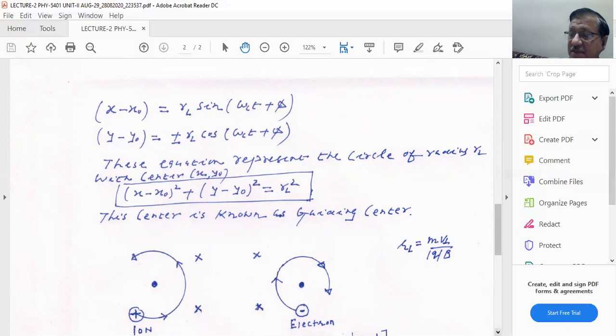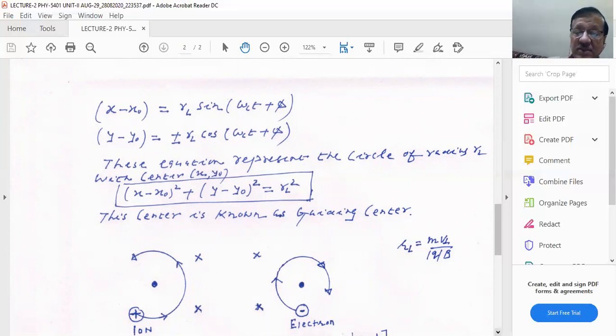Because omega c is eB by m, and the mass of the electron is very small, the electron will gyrate fast and the ion will gyrate slowly, with small Larmor frequency. The Larmor radius of the ion will be greater than the Larmor radius of the electron, because the mass of the ion is greater than the mass of the electron.